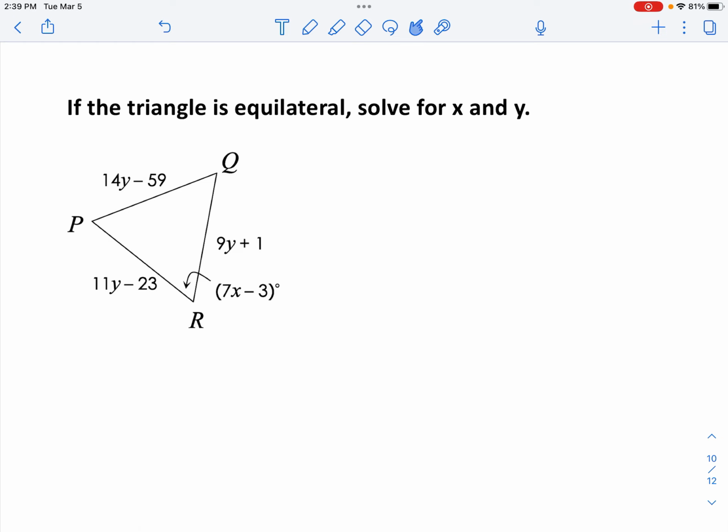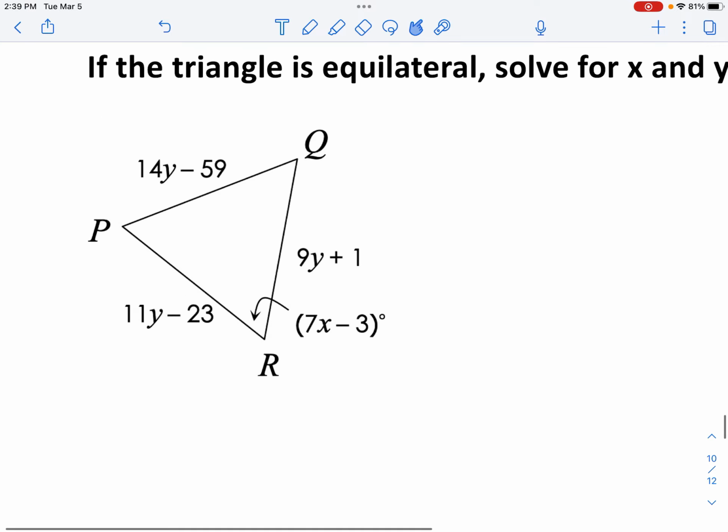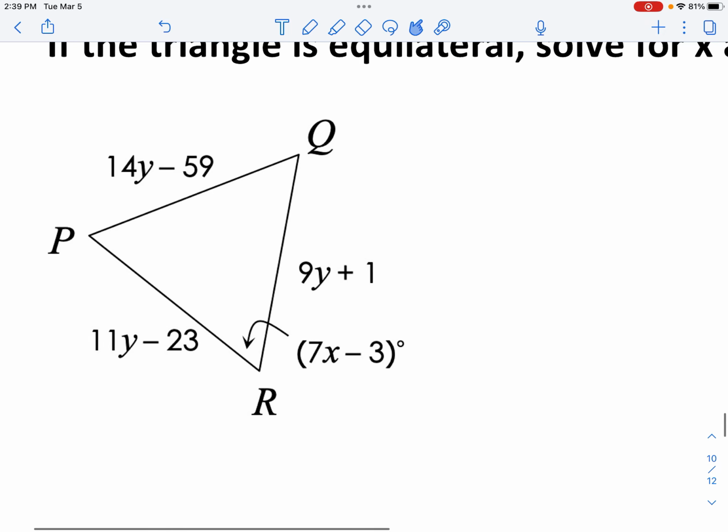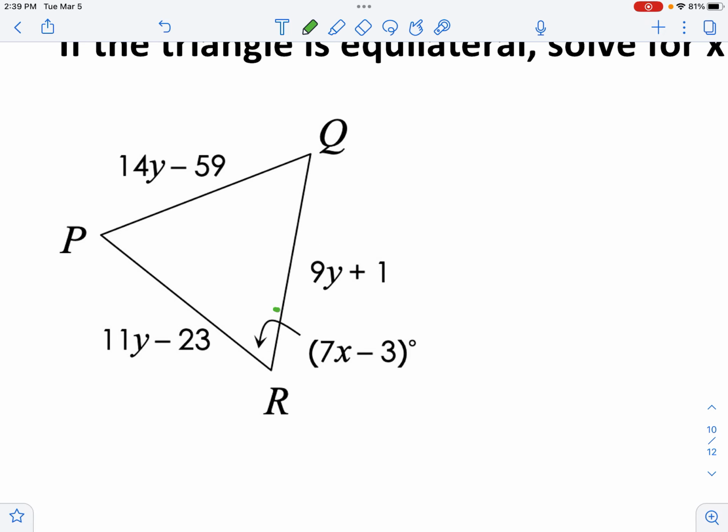All right, last one is an equilateral triangle. It tells us that, and we need to solve for x and y. So, all right, well, one thing you know is it's equilateral, which makes it equiangular. All of these are the same, which also means this has to be 60 degrees.